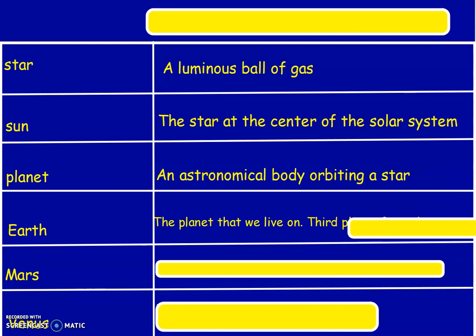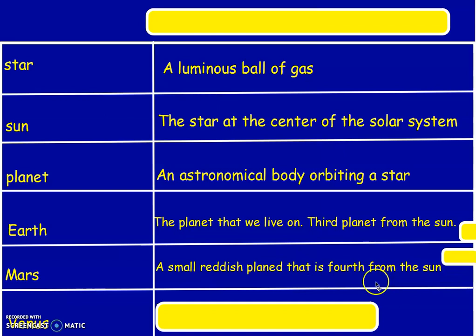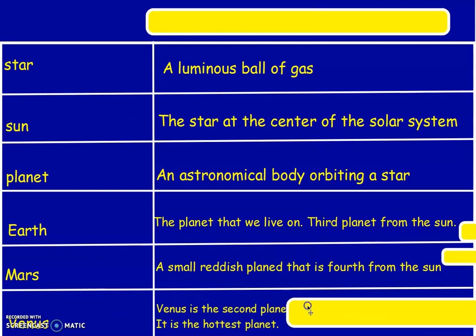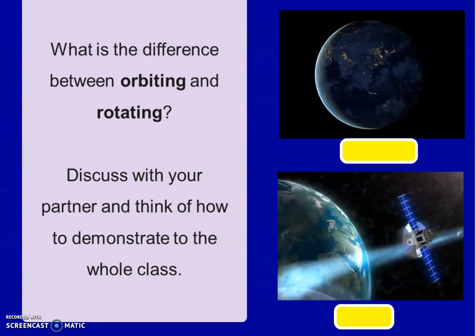Earth, the planet that we live on, third planet from the Sun. Mars, a small reddish planet that is fourth from the Sun. And Venus, the second planet from the Sun, and it is the hottest planet. So you might think Mercury is, but no, it's not. It is Venus.